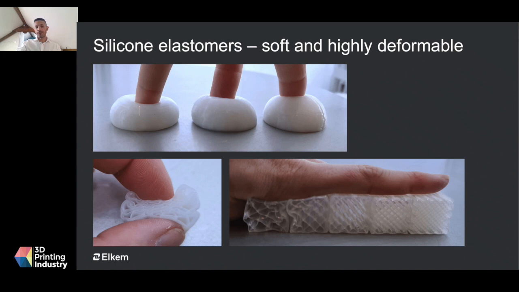Now you can imagine if you combine a wide range of material hardness, such as we are providing today, with the full possibilities of the printing process, especially regarding the infill. It opens a very wide range of mechanical properties and new applications.